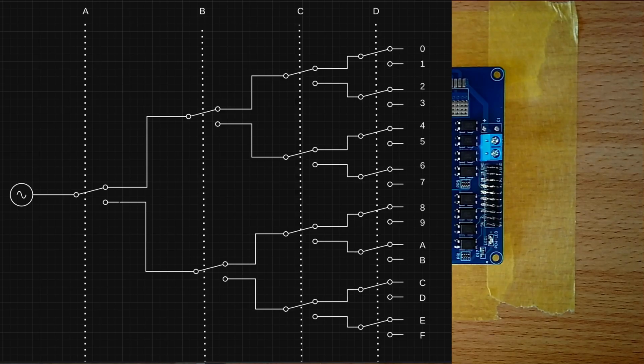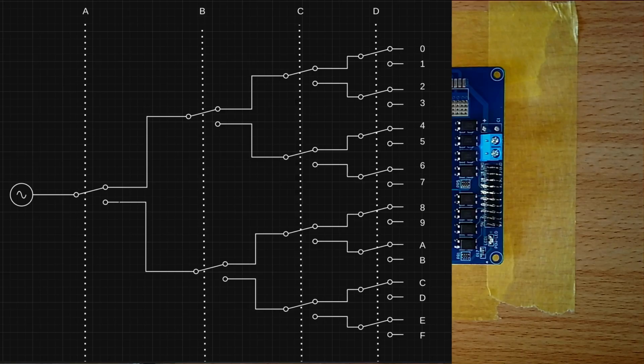The outputs of the A relay are then split into 2 relays that are activated by the B signal, so that's the next most significant bit. The outputs of both of those relays, that is both the normally open and the normally closed contacts of both relays, are then fed into 4 more relays that are activated or not by the C signal.